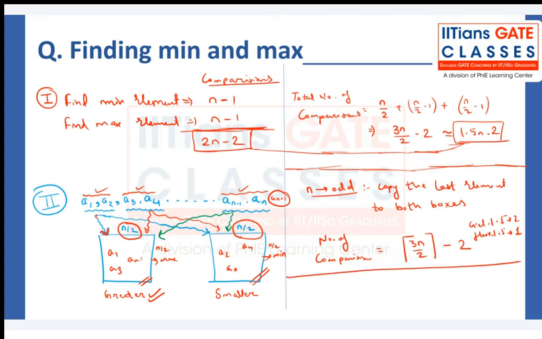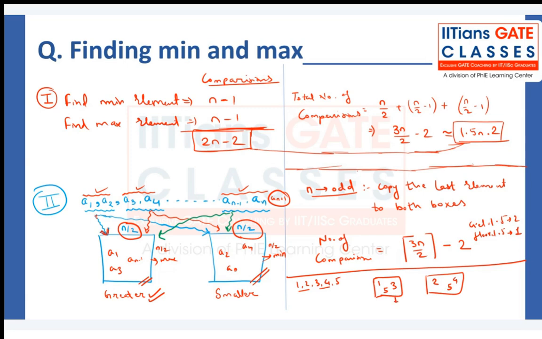Let me give you an example to understand it better. Suppose I have 5 elements, 1, 2, 3, 4, 5. We compare 1 and 2, we compare 3 and 4. We have two boxes, so 1 comes here in the smaller box and 3 comes here, and 2 will come here, 4 will come here. Since 5 is the last element, we'll copy it to both the boxes.